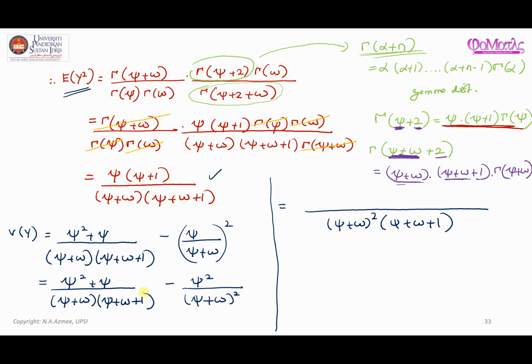Therefore, we need to focus on the upper part. So here this guy will be multiplied with psi plus omega, yeah? So we have psi squared plus psi multiplied with psi plus omega.